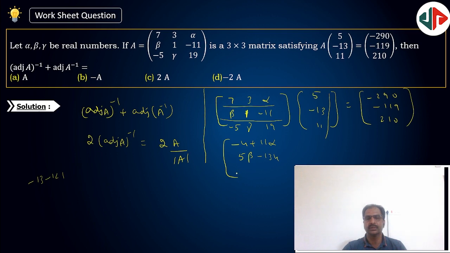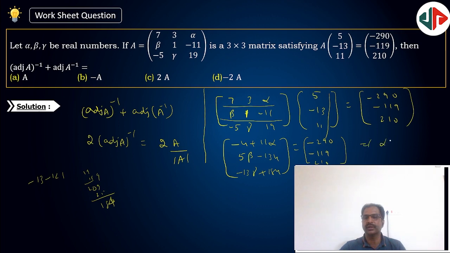Next, minus 13 gamma minus 25, 19 11s 209, 209 minus 25, 184. This is equal to minus 290 minus 119 210.